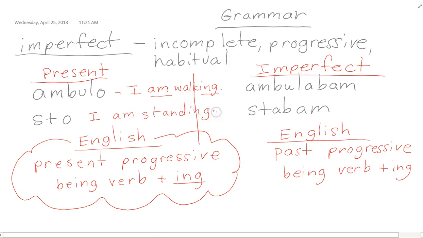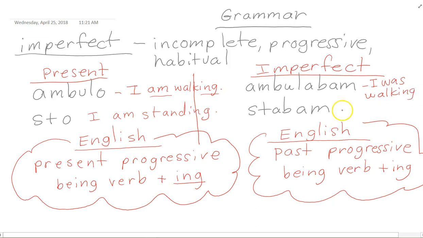That's our progressive form. It means it's happening over time. It's going on. And in English, we have a past progressive form, which is also a verb plus an ing. It would be I was walking. I was standing.